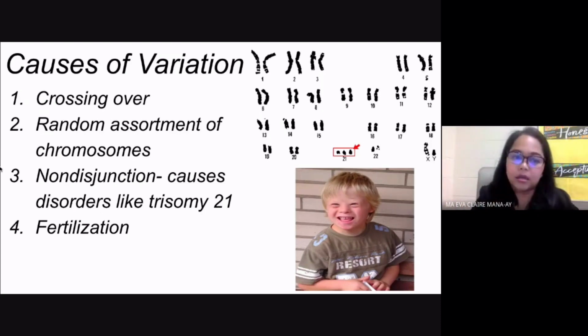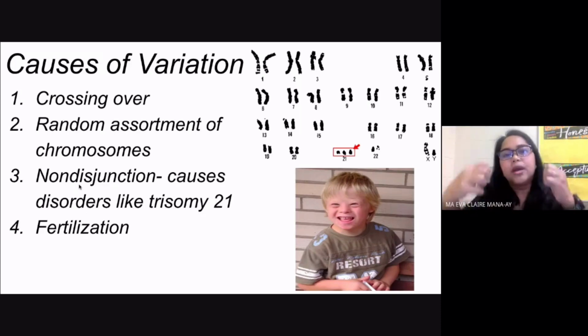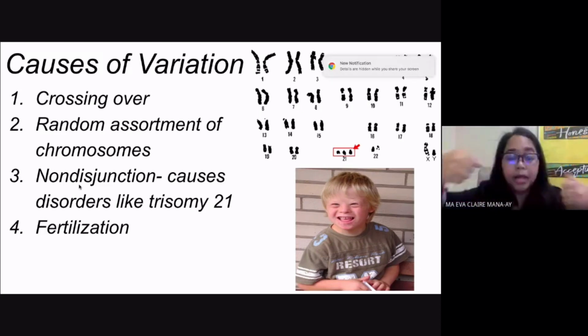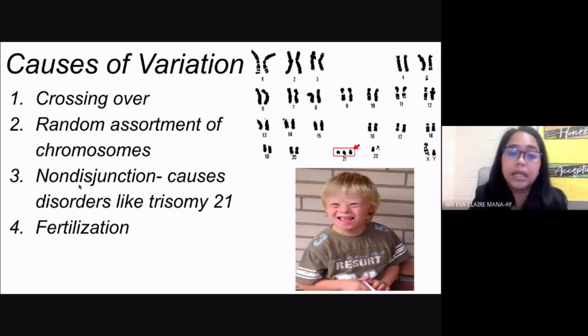Now, another cause for variation would be non-disjunction. Remember, during anaphase, your chromatids, the chromosomes, are going to be split. Sometimes it doesn't happen, or sometimes it doesn't happen normally. So you'd call this non-disjunction. They don't split normally.